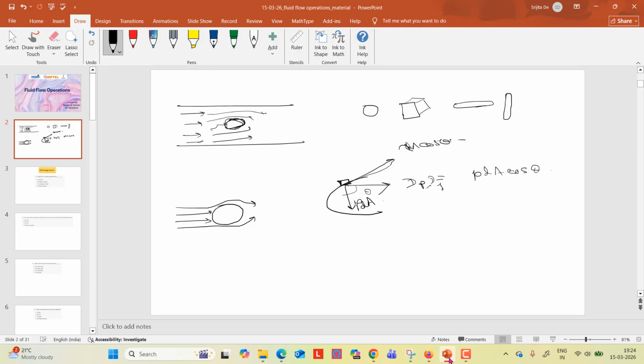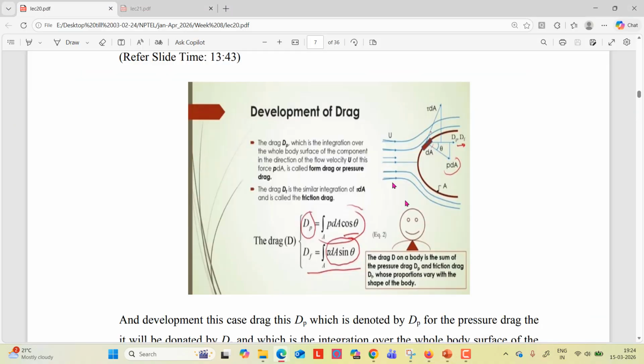And it will be integrated. So one is in the perpendicular direction and one is in the tangential direction. Okay. The tangential directional force is taken care of by stress. This tau is stress, and this is the normal pressure. Stress means shear stress.